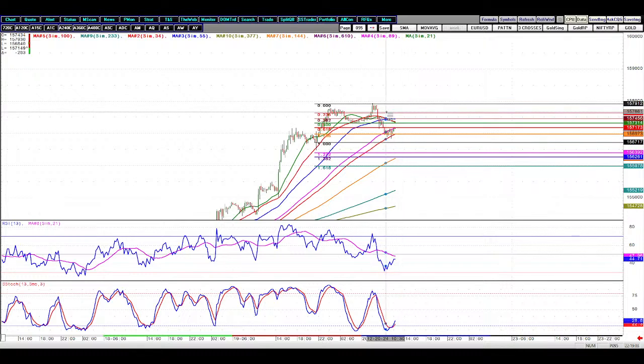Then another trade is we can try to go for a sell at 157.80 with the stop above the high. Then we can go for a quick buy and exit before this. So these are the three trade possibilities you can get.